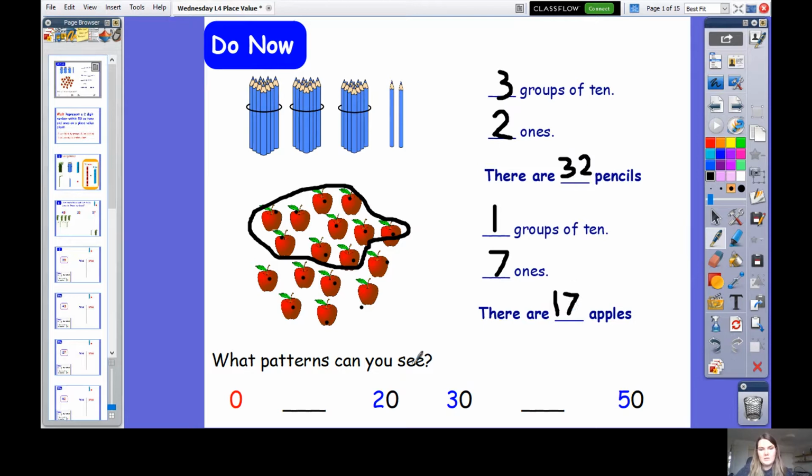And did you notice the pattern at the bottom? It was counting in tens. Very good. So 0, 10, 20, 30, 40. Fantastic.